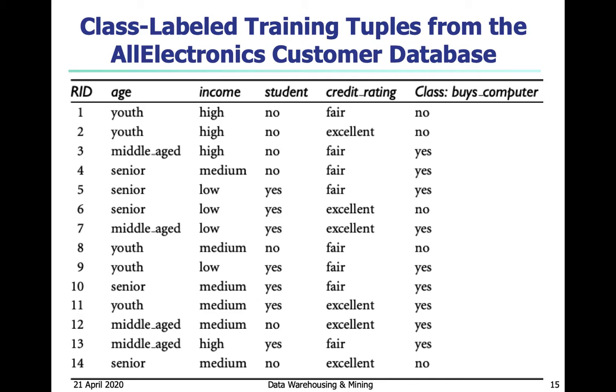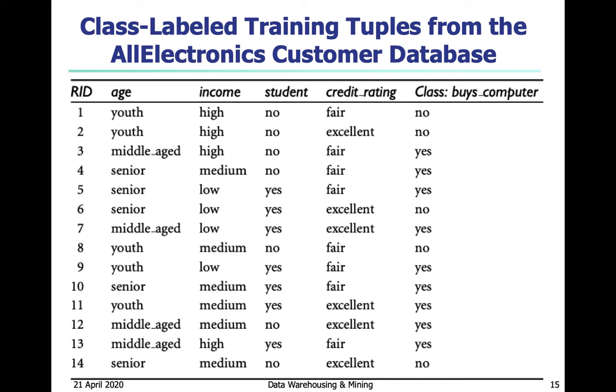So 10 tuples belong to low and medium, and the other 4 tuples, which belong to high, are D2.